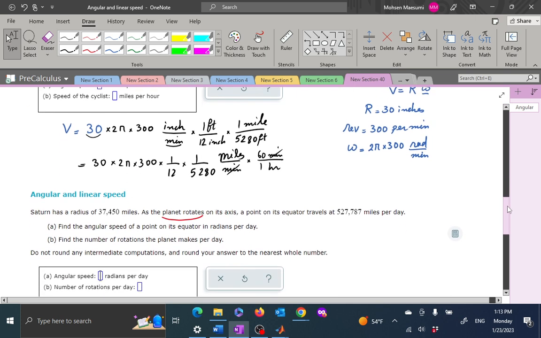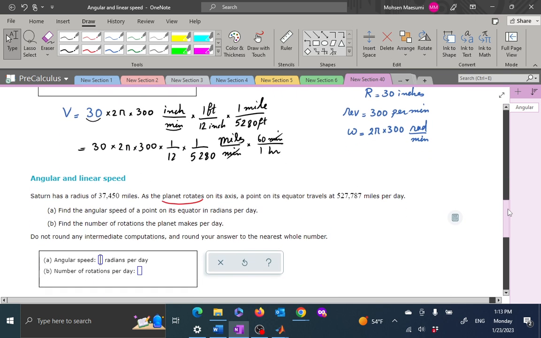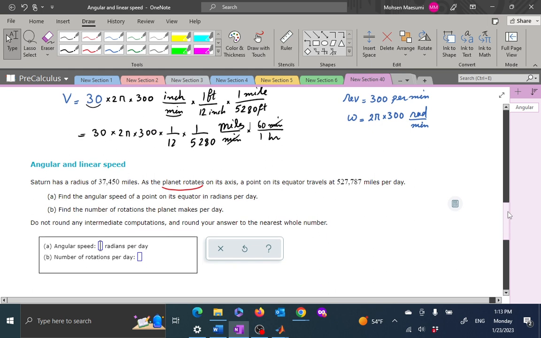Okay, for the next problem, we have something from the planetary system. It says Saturn has a radius of 37,000 miles. As the planet rotates on its axis, a point on its equator travels at about 500,000 miles per day.